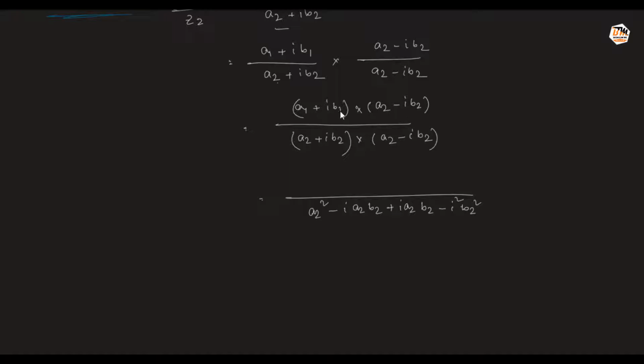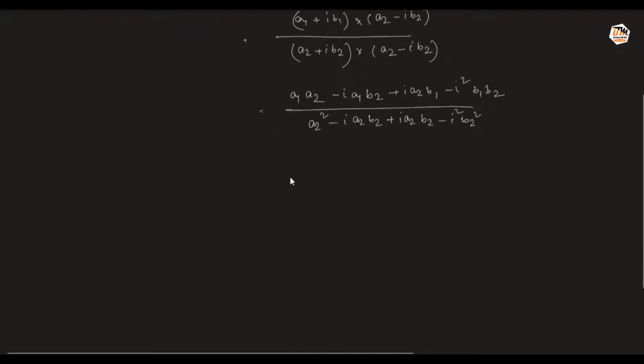Okay, so now let's multiply the upper part. a1 into a2, that is a1 a2, a1 into this, so minus i a1 b2. Now multiply i b1 with these two, so here will be plus i a2 b1 and minus i square b1 b2.